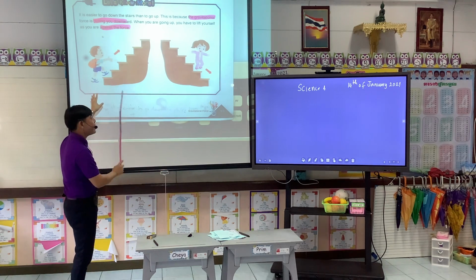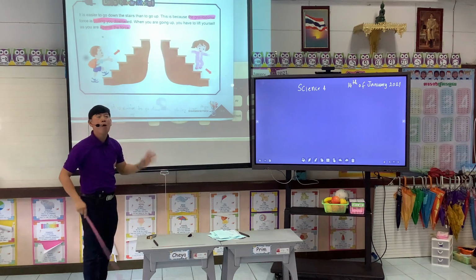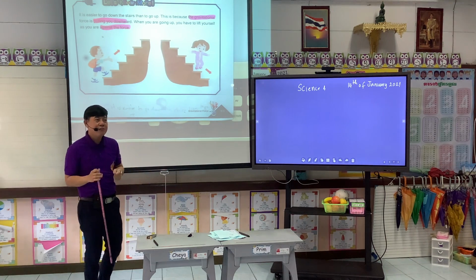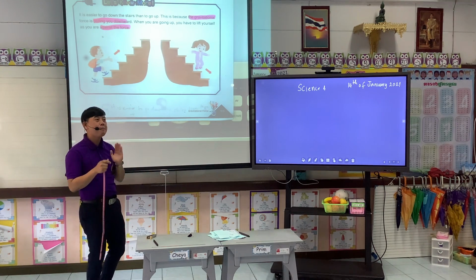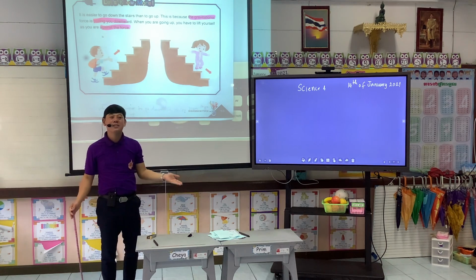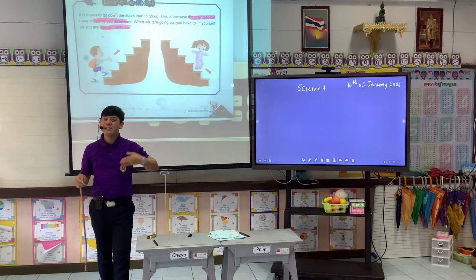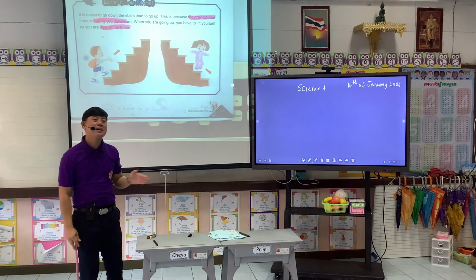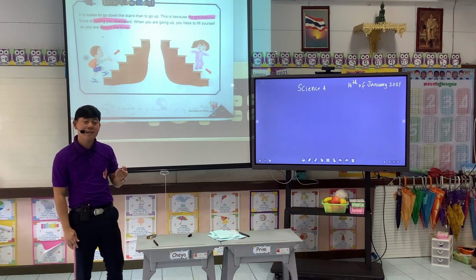One more thing is that when you're going up, it's more tiring. You feel tired when you're going up something, while when you go down, it's not so tiring. I think you have noticed that when you're going up the stairs, what do you feel? Do you understand?